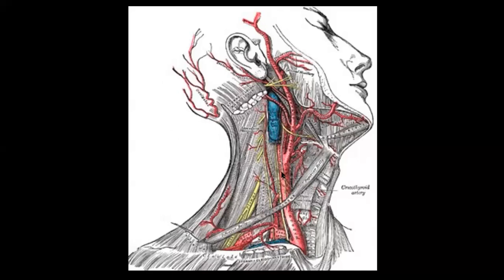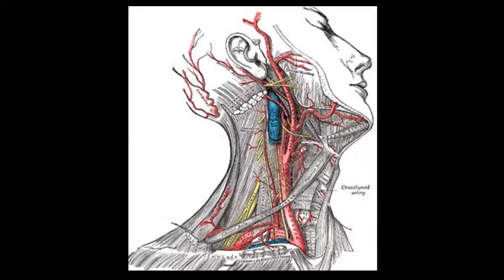As a rule, the common carotid artery and internal carotid artery are present inside the carotid sheath, whereas the external carotid artery is coming outside the carotid sheath. It is not present inside the carotid sheath, so this is not a content of the carotid sheath.